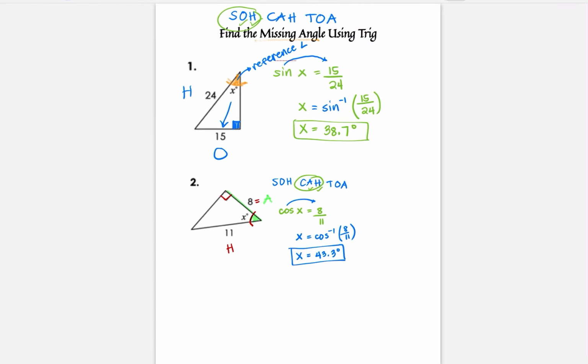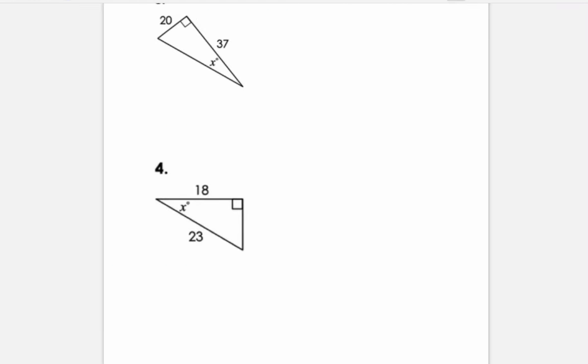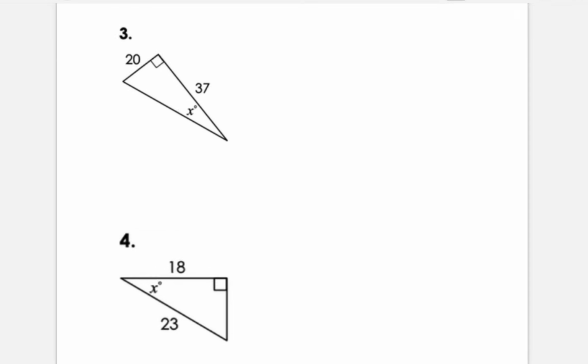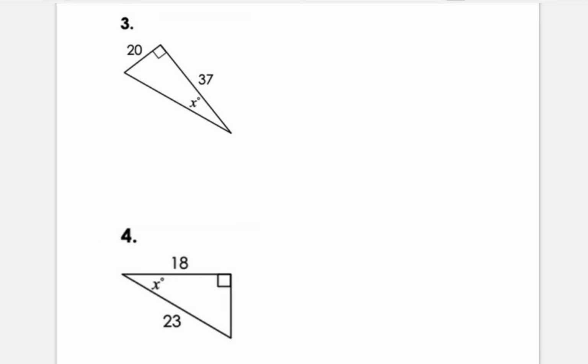Let's try these two problems right here. We're going to start with number 3. We have this angle. We've got O that is opposite, and 37 is A, and so we are going to be using TOA. So we have opposite and adjacent.